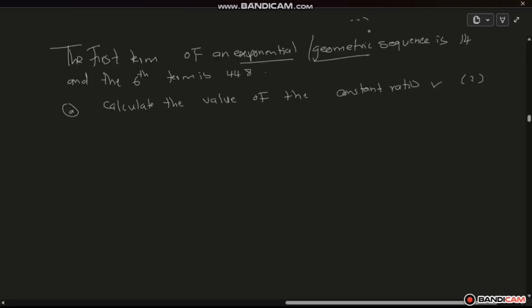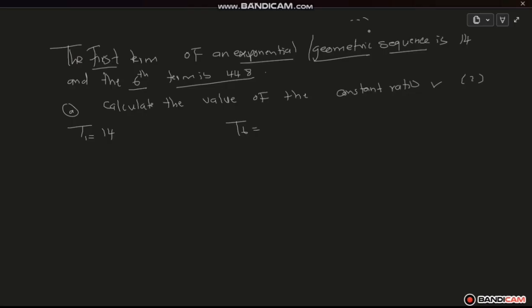Okay, we are given an exponential or geometric sequence. The first term is 14 and the 6th term is 448. Therefore T1 equals 14 and T6 equals 448, and they told us that this is an exponential. We know that T1 equals 14, A equals 14, right?